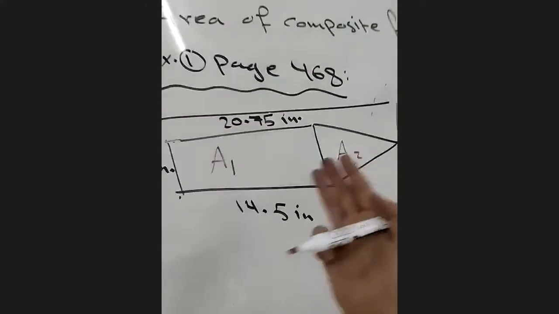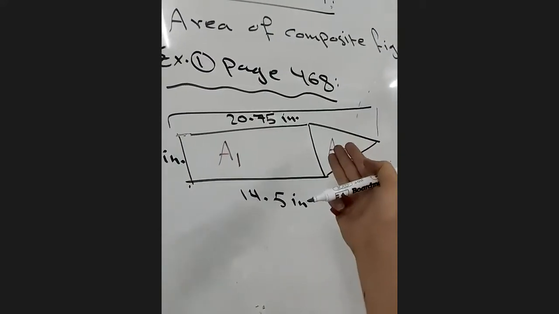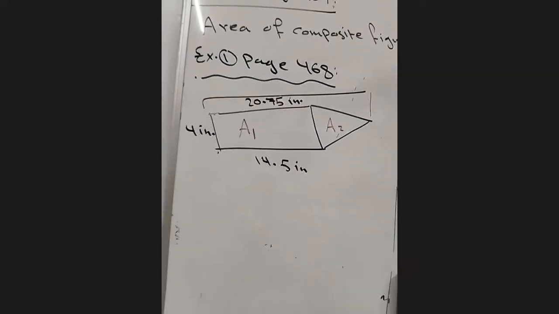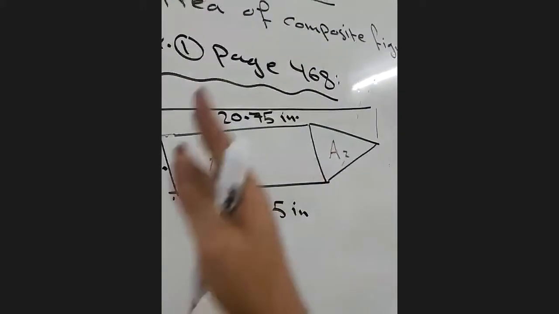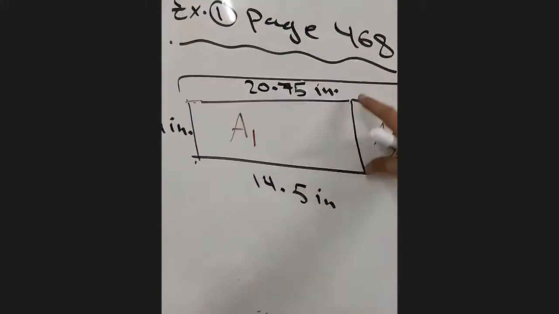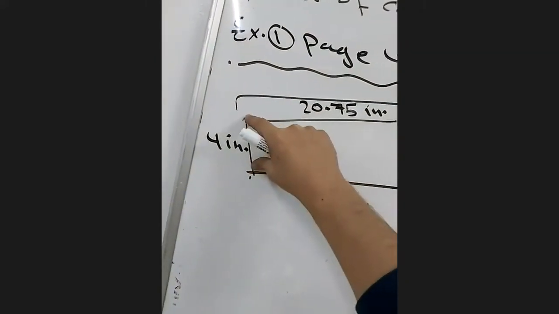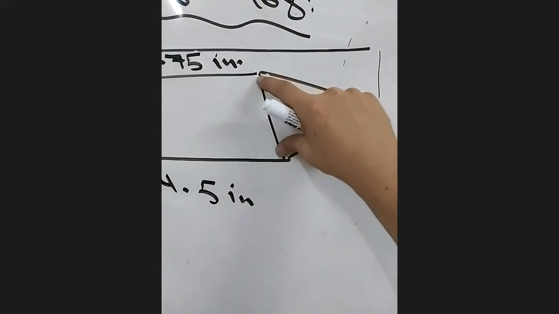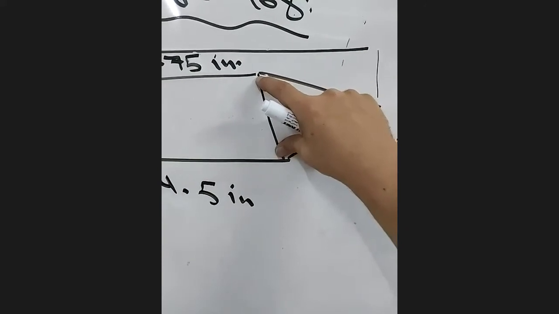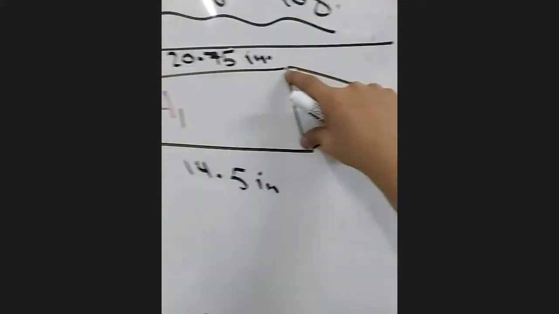Now, do we have the base or the height in this triangle? No, we don't. So we need to find it from the given information. Look here, this side is the same as this side, right? So if this is 4 inch, how much will this be? 4 inch, they are the same.